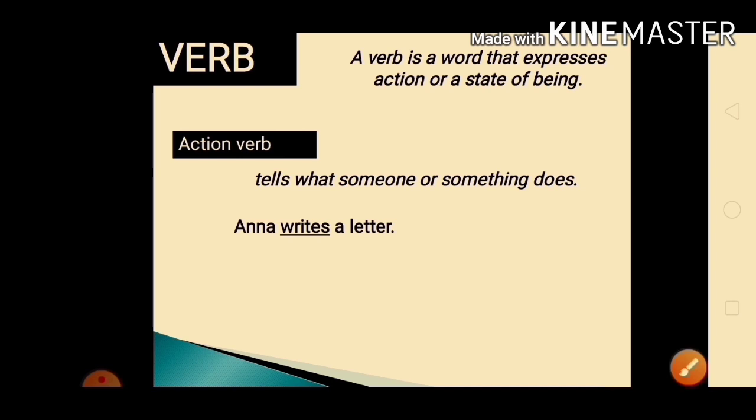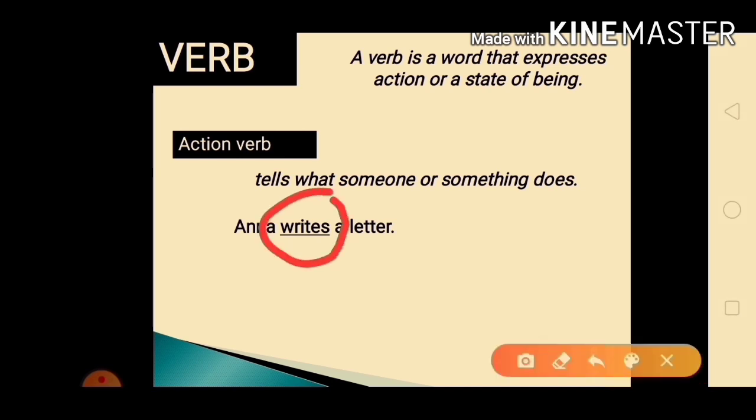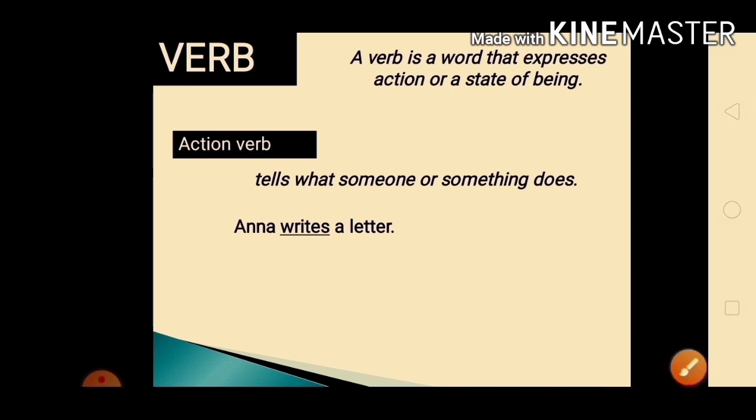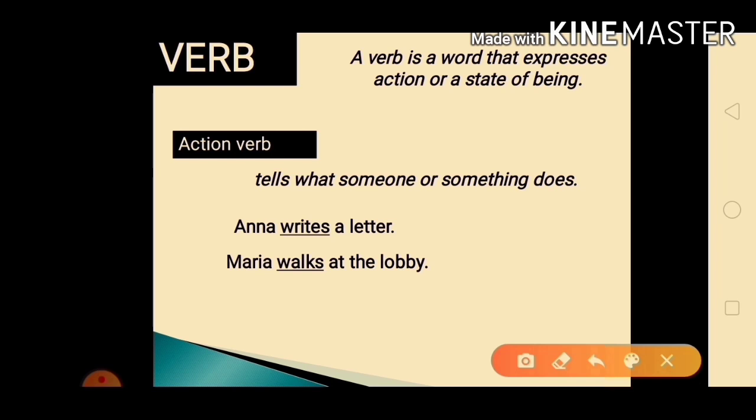The reason why writes is our verb is because it tells what Anna is doing. Another example is Maria walks at the lobby. Same reason why the word walks here is a verb. It is because it tells what Maria is doing, and that is walks. So that is the work or the function of a verb. It simply tells what a person is doing. And that is a verb.